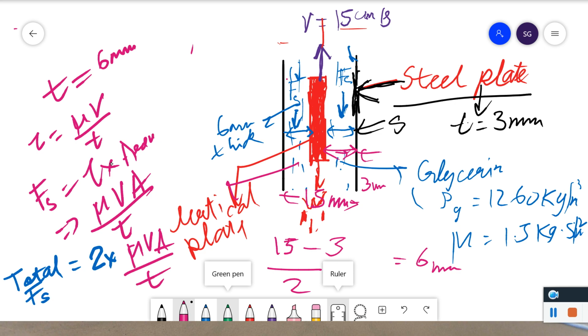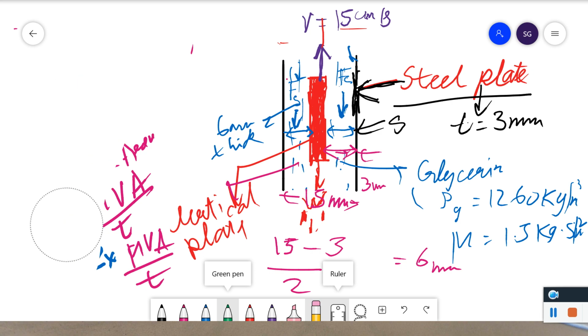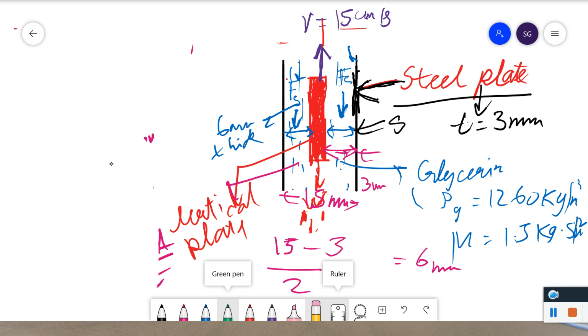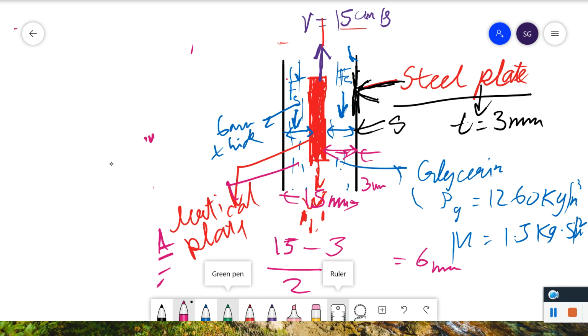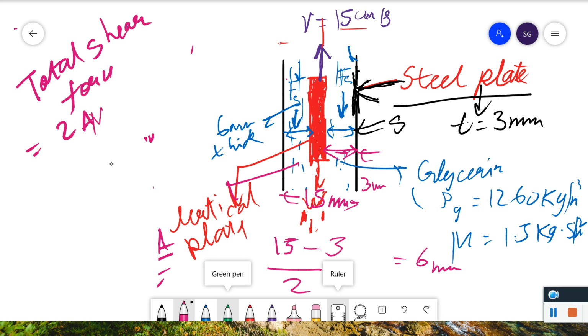Okay, so this is the formula, and now let us find out the values. The total shear force is equal to 2A mu V upon T. Now the area is 80 centimeter, given to us, which means 0.8 meter.